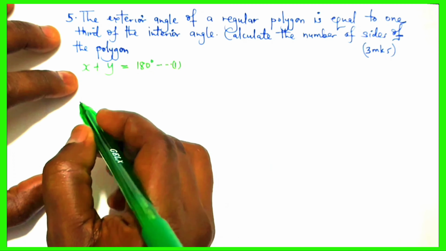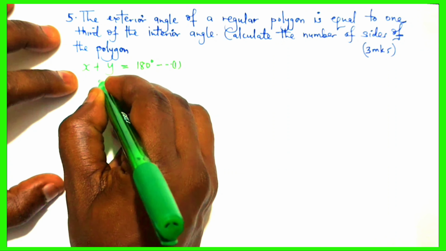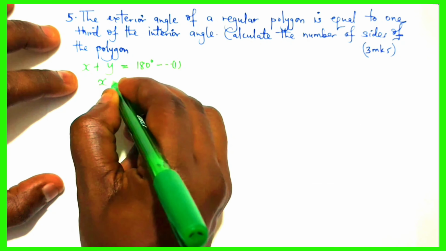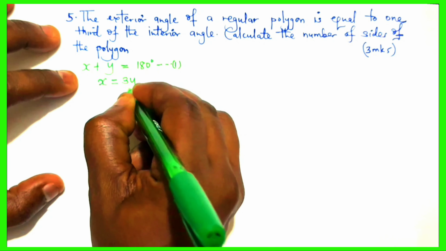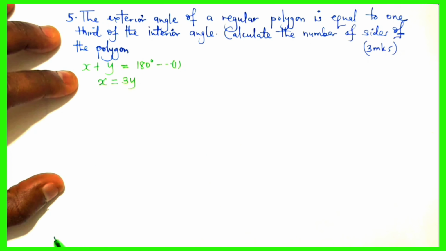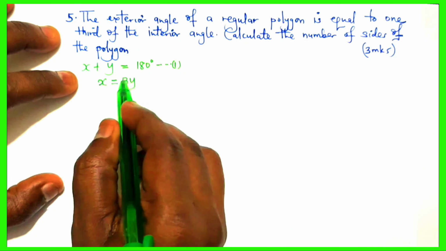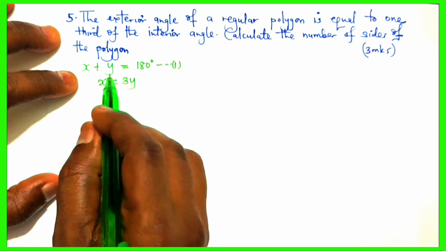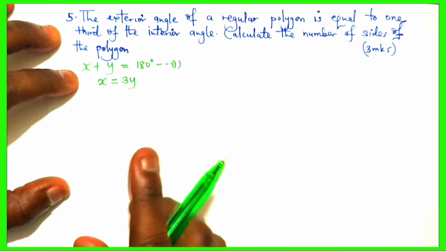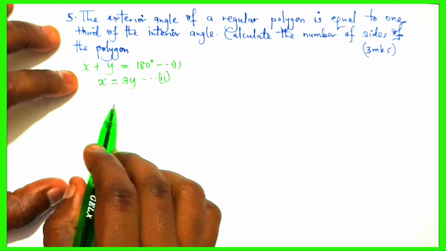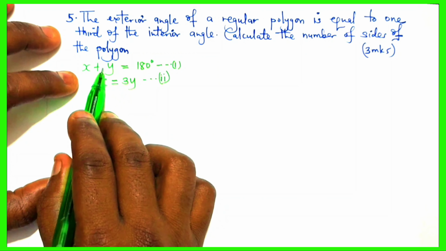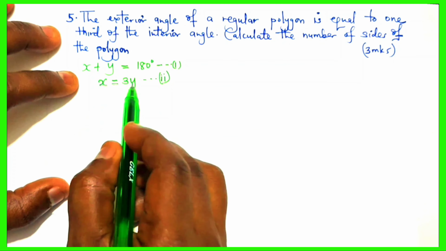So that means if you have our interior angle to be equal to x, our exterior angle will be equal to y, so x equals 3y. So 3 of the exterior angles will make the interior angle as per the statement there. So this will be our equation 2. So we're going to substitute the second equation in the first equation, where there is x, I substitute with 3y.